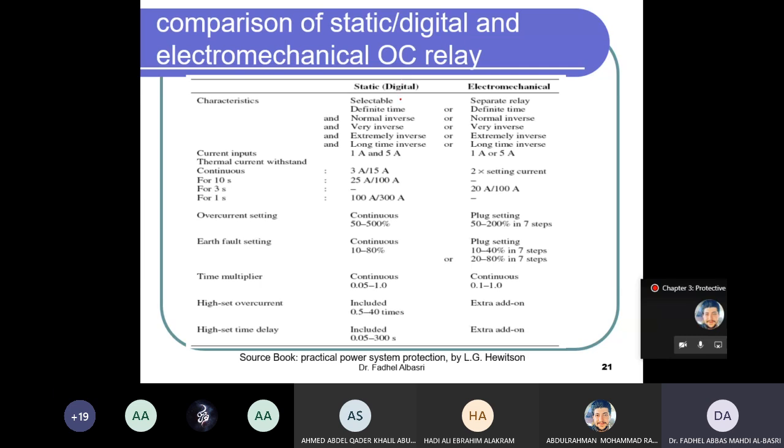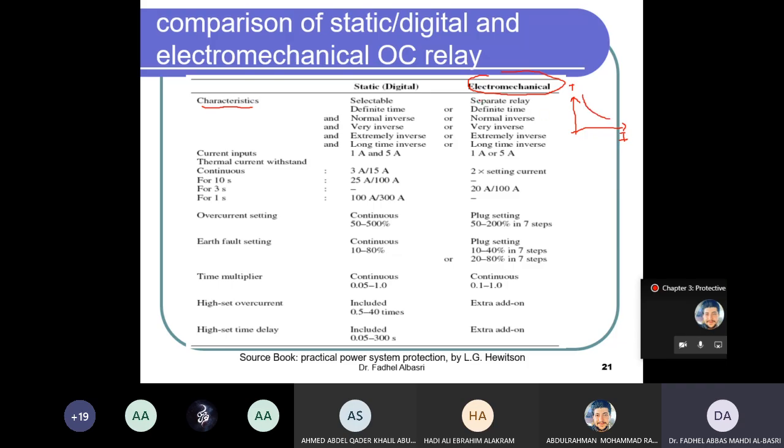This is also a comparison. For electromechanical relays, we have an operating characteristic, the relation between operating time versus the voltage or current. Normally it's an inverse characteristic like this.